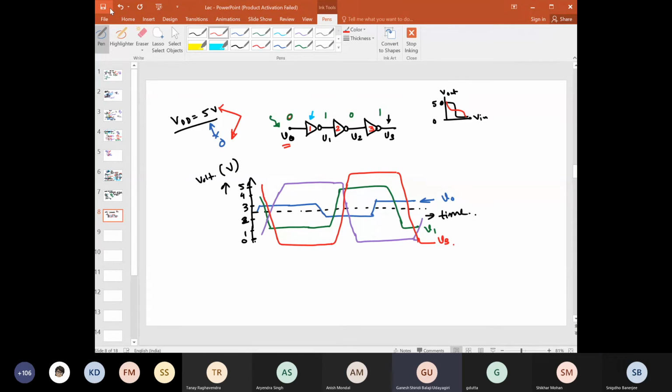Is that the reason why we consider voltages below threshold voltage as logic 0 and above threshold voltage as logic 1? Right. But for design consideration, do not try beyond this VIL. Above VIL and below VIH, do not try to go in that transition region.